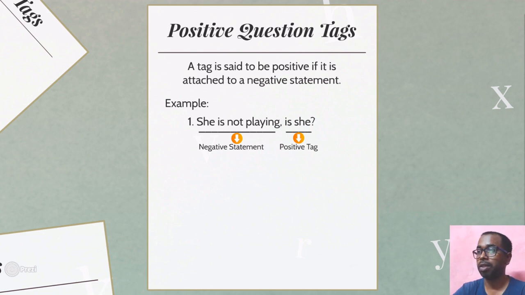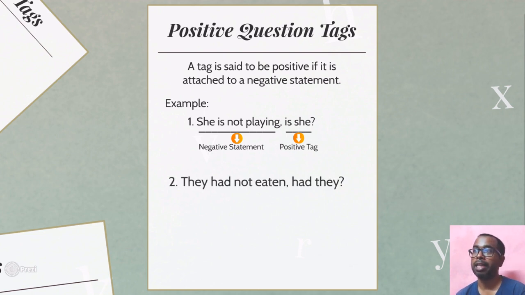Let's have another beautiful example. The second example is "they had not eaten, had they?" So I think now it's clear to you what is the negative statement and what is the positive tag in this sentence. Let's have a look if you are right.